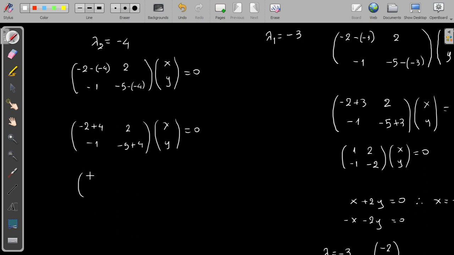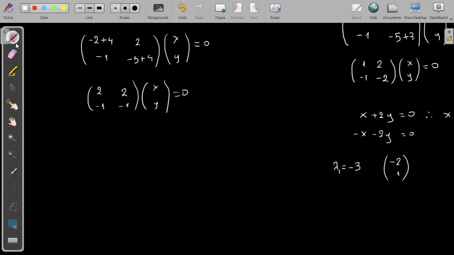So 2, 2, minus 1, minus 1, xy equals 0, and here I will have 2x plus 2y should be 0, and minus x minus y should be 0. Let me take this one. So x should be minus y.